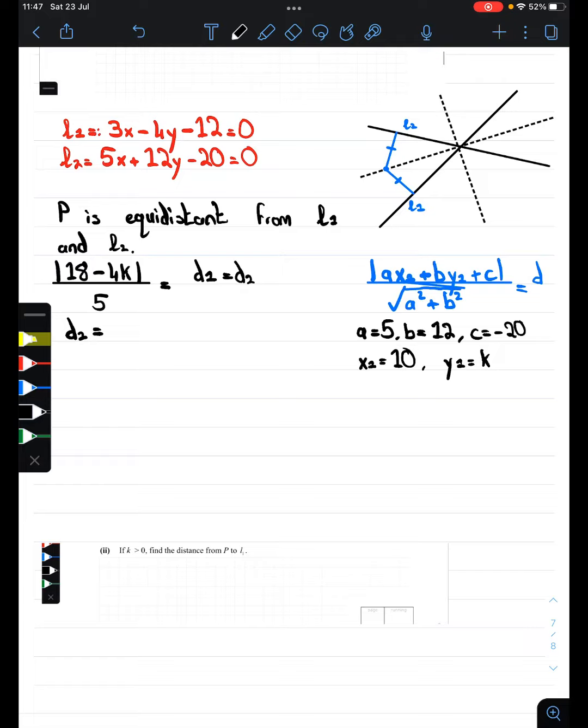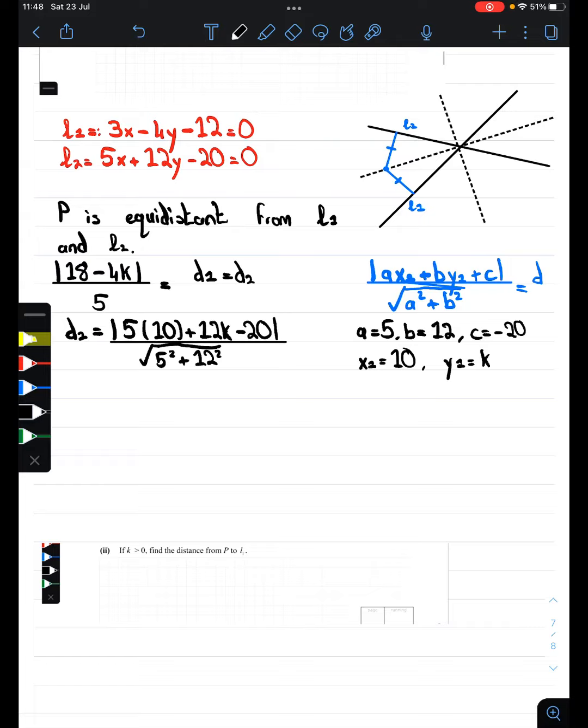All right, so let's just plug that in. So we get 5 by 10 plus 12 by k minus 20, all over the square root of 5 squared plus 12 squared, which is 13 if anyone knows their Pythagorean triples.